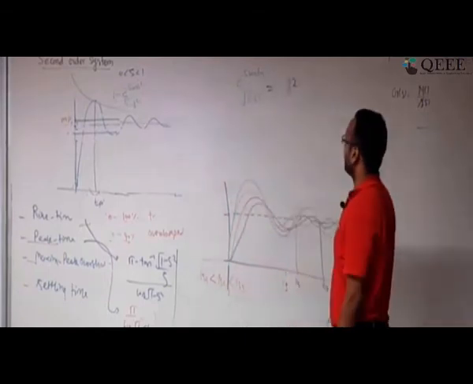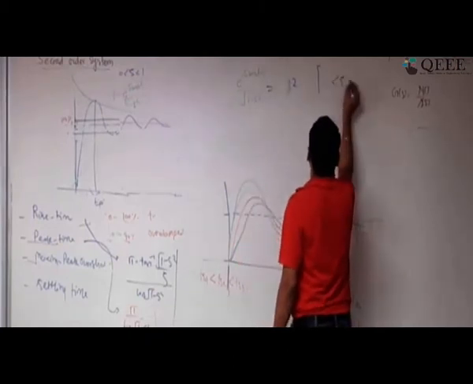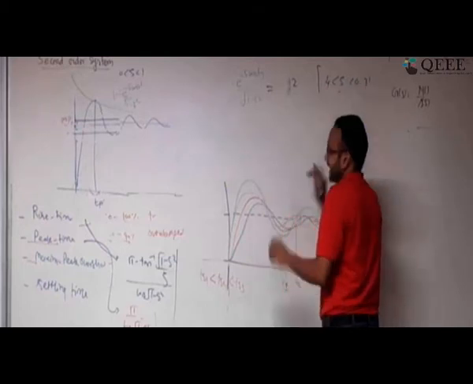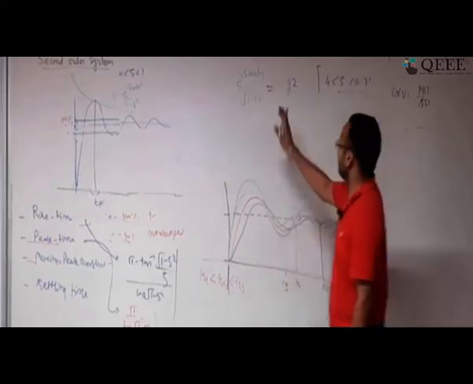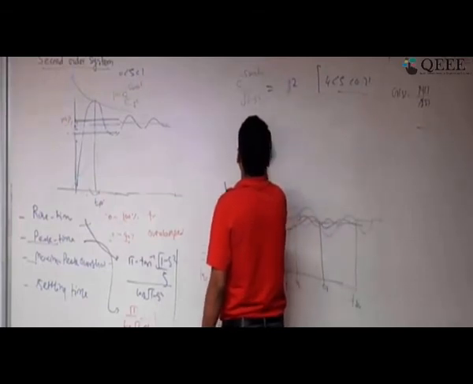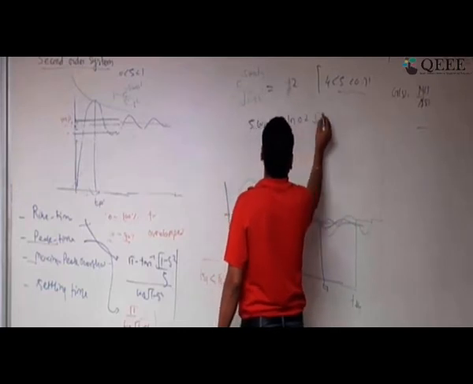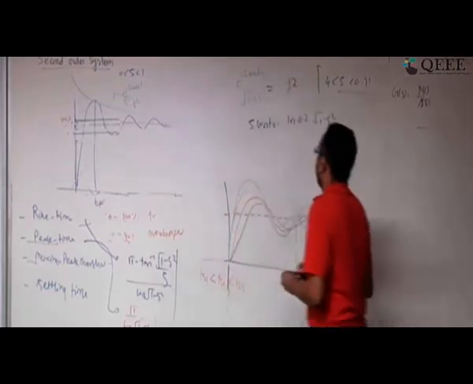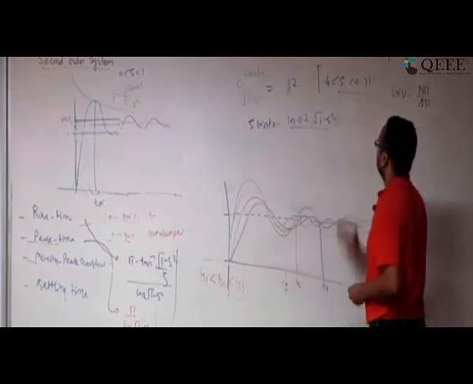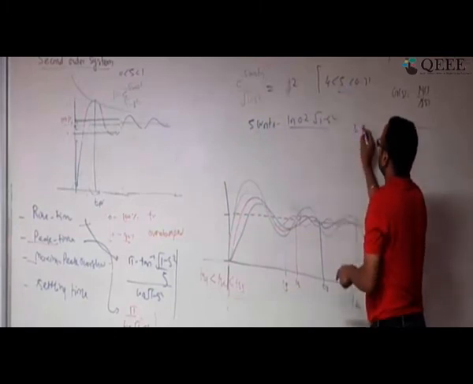Okay, and if you solve it, it has been observed that zeta between 0.4 to 0.7 is desirable in most cases. If you work it out, this is going to be zeta omega n Ts equal to log of 0.2 times 1 minus zeta square. If you find the range of values, if you take zeta equal to 0.4, this comes around 3.9.